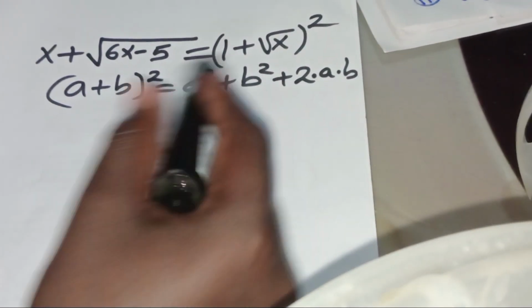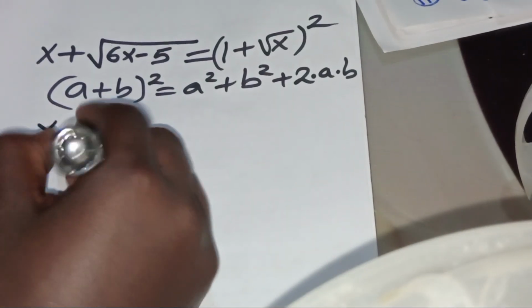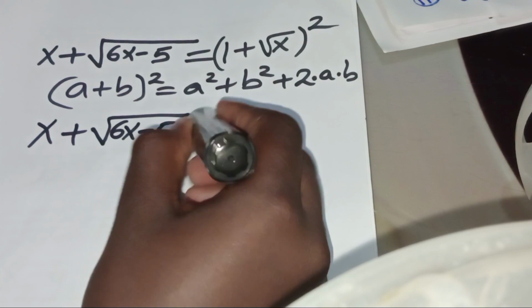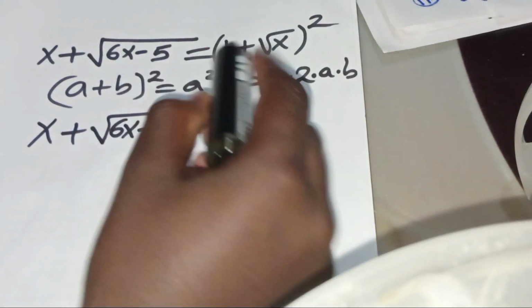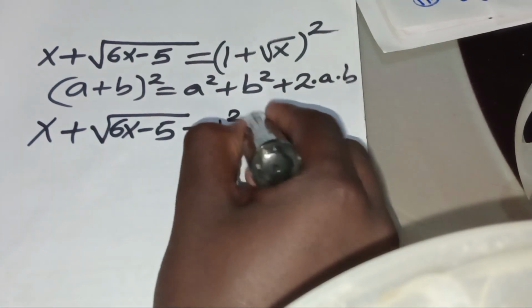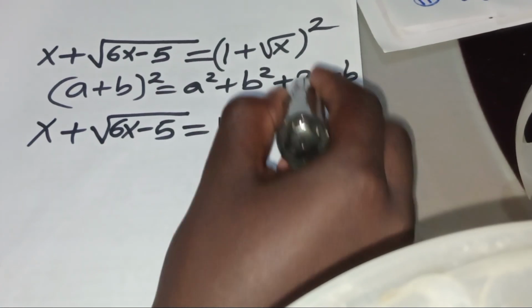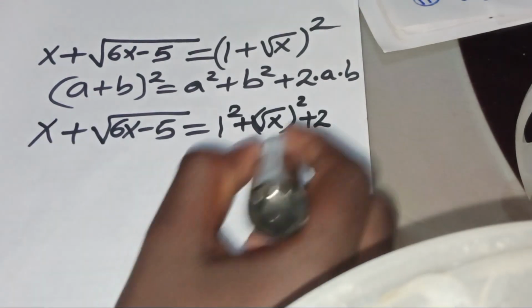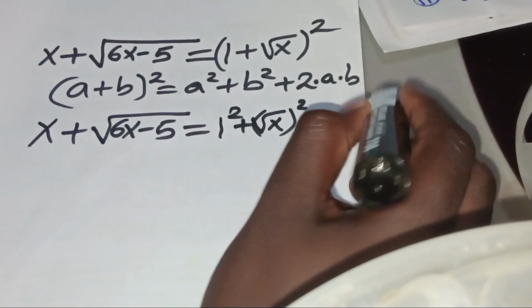Now applying this property, we have x plus square root of 6x subtract 5 equal to 1 squared plus square root of x raised to power 2 plus 2 multiplied by 1 times square root of x, which is square root of x.